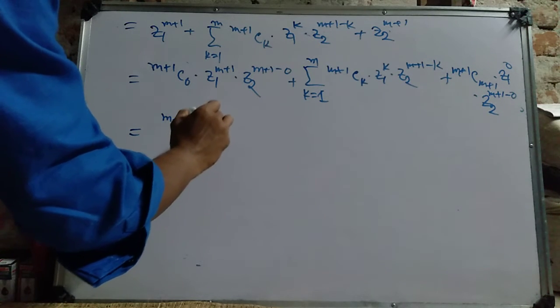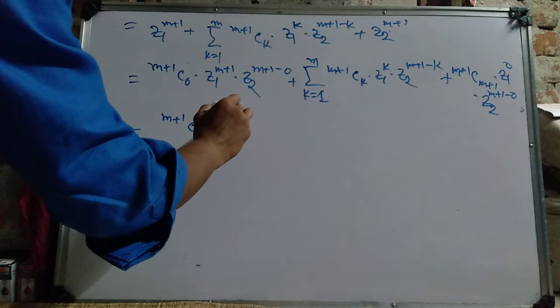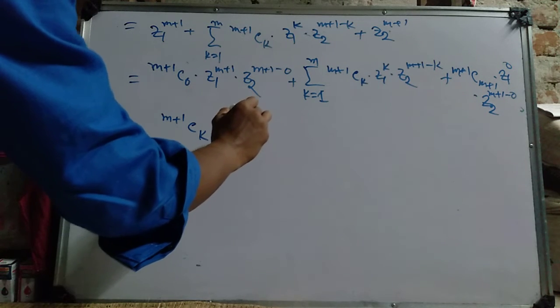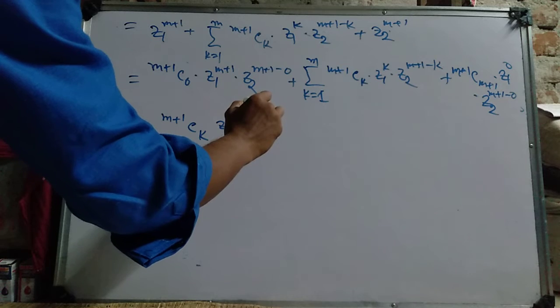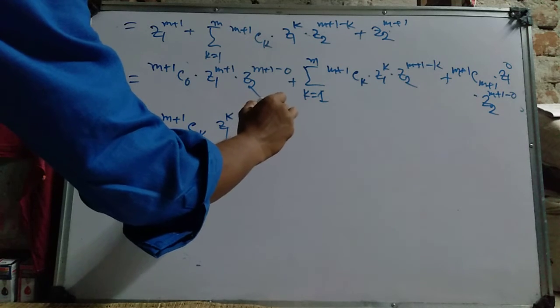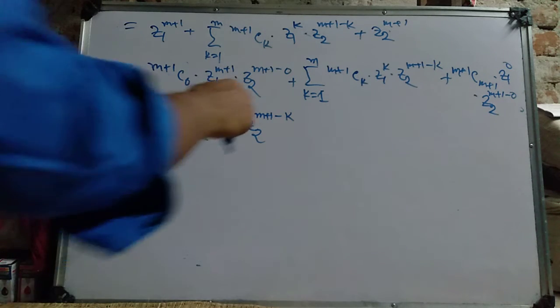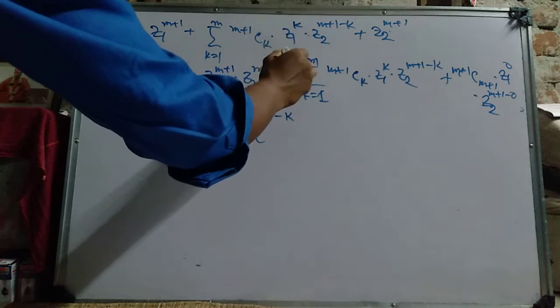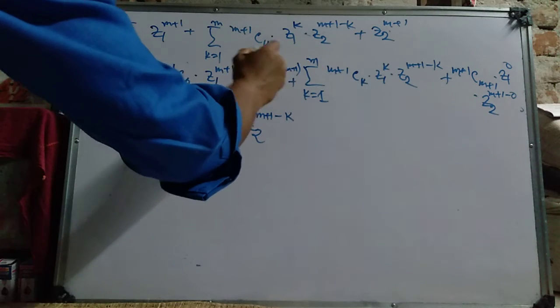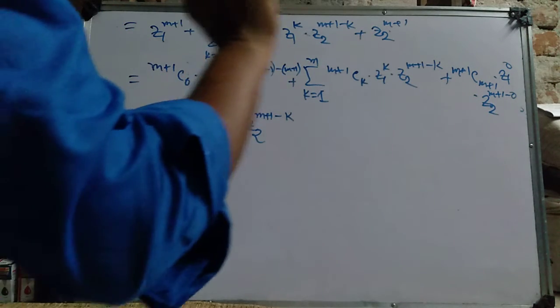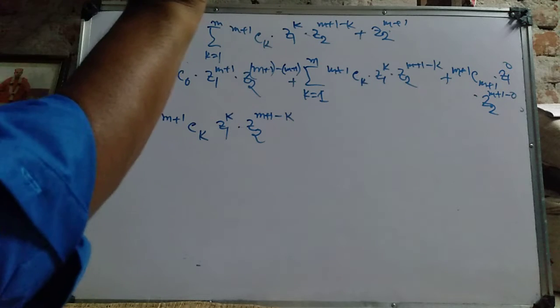This one equals m plus 1 Ck z1 to the power k and z2 to the power m plus 1 minus k. Okay. Oh sorry, here this one is minus m plus 1. Okay, then here same.